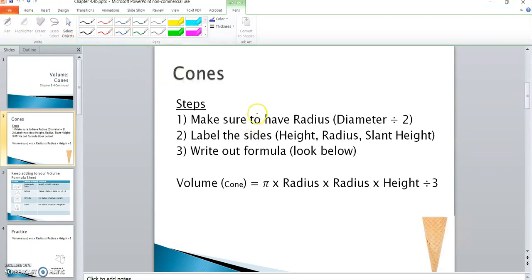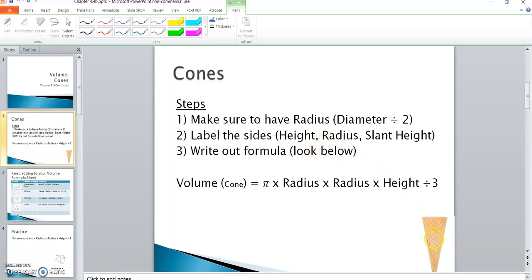So the steps to finding the volume of a cone is to make sure that we have the radius. If they give us the diameter, we just divide it by 2. And then from there, we're going to label the sides, the height, the radius, and the slant height, and then write up the formula.